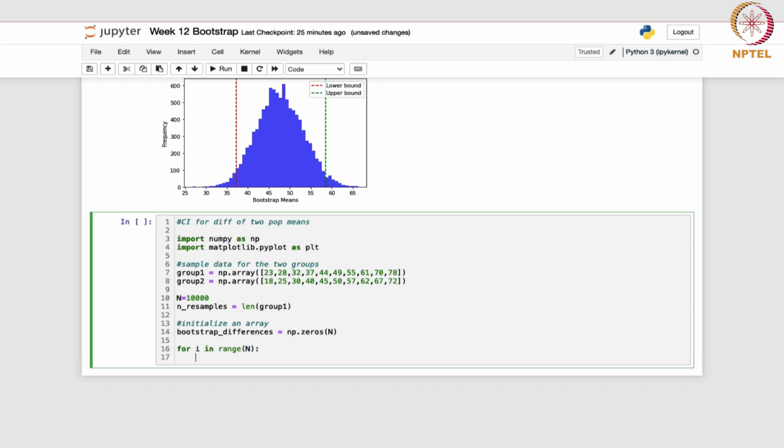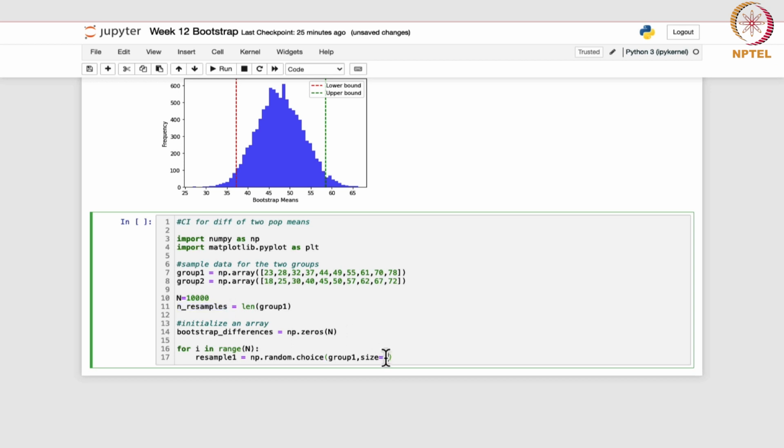This will iterate 10,000 times, and for each resampling process it will generate a random sample with replacement for both the groups. So for the first one, let me write resample 1, np.random.choice. Here we can write the first group, and the size would again be n_resamples over here.